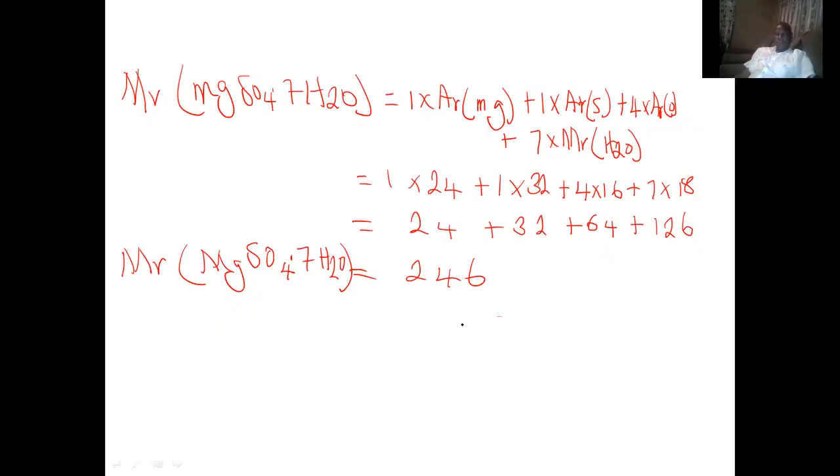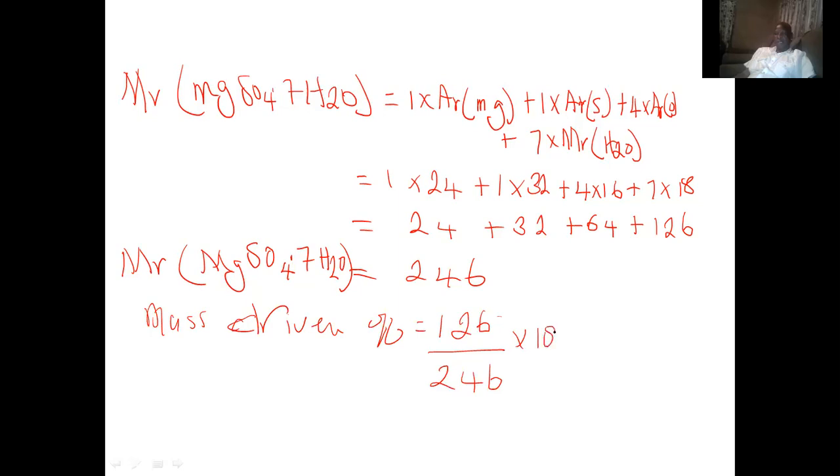Okay, so the mass which was driven off can be found by dividing 126, which is the relative molecular mass for water, by 246, which is the relative molecular mass for hydrated magnesium sulfate, multiplied by 100, which would give us 51.2 grams, because they said 100 grams actually contains that.